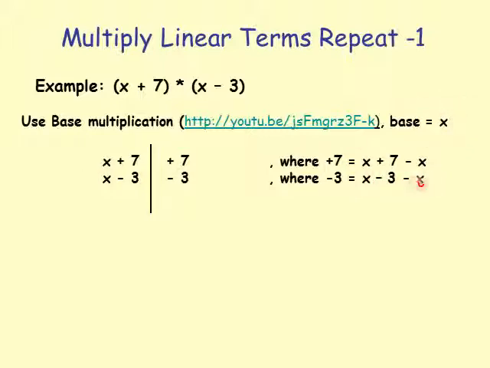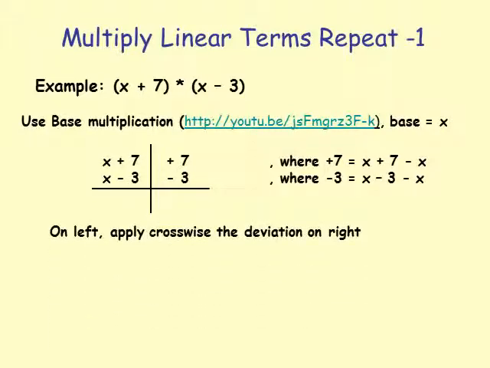Okay, x minus 3. Now the multiplication. We draw a horizontal line here. We do that in two parts, the left and the right part. For the left part, we apply crosswise: x minus 3 plus 7, or x plus 7 minus 3.